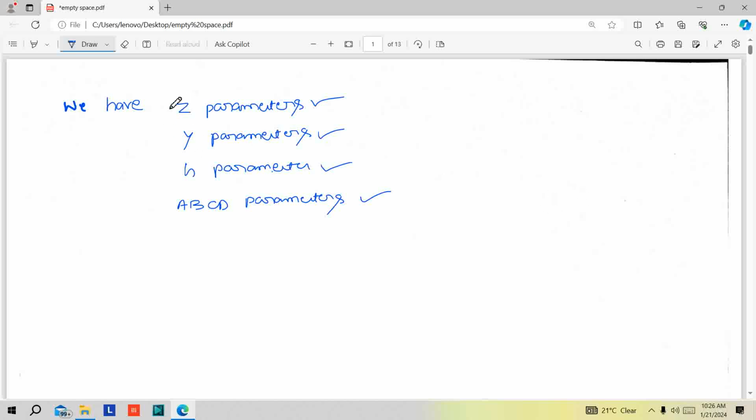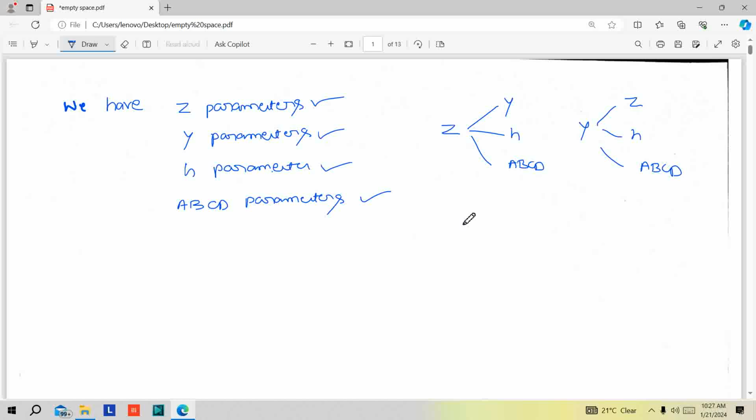Z to Y, Z to H, Z to ABCD, or Y to Z. See here, in total, what are the possibilities? Total 12 possibilities are here. For example, they may ask Z to Y, Z to H, or Z to ABCD. Or they may ask Y to Z, Y to H, and Y to ABCD.